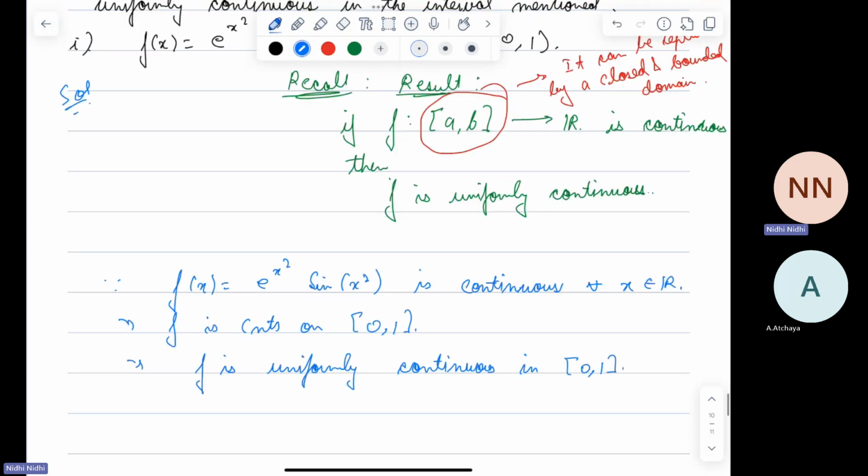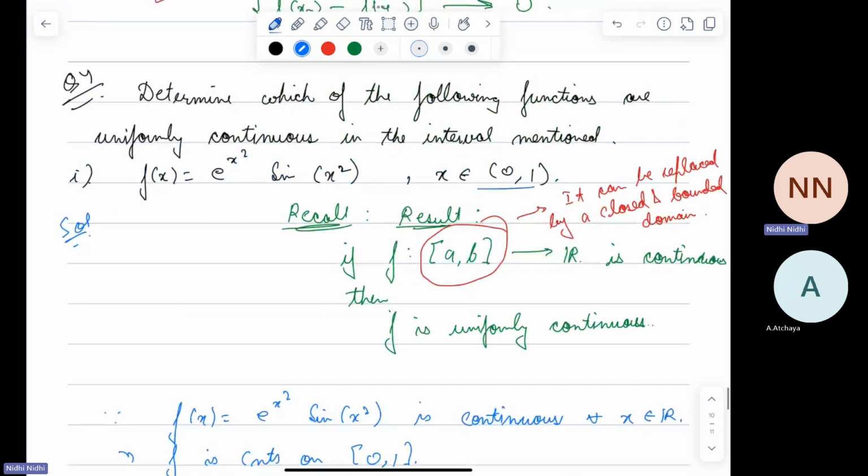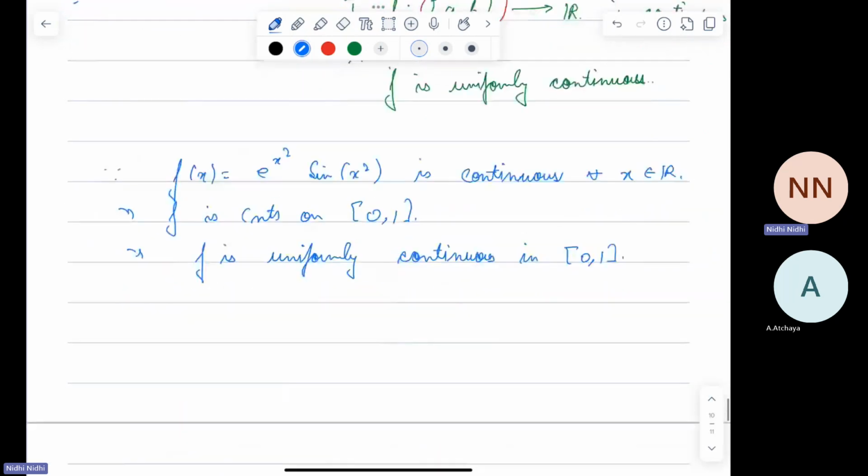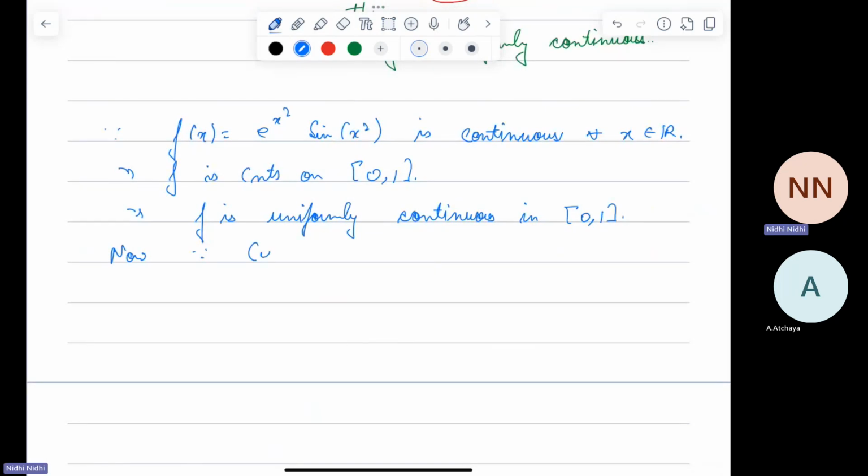We want to see what happens for the open interval. Since open 0 to 1 is a subset of closed 0 to 1, and uniform continuity is a domain based property, since the function is uniformly continuous on the larger domain, it must be uniformly continuous on the smaller domain as well.